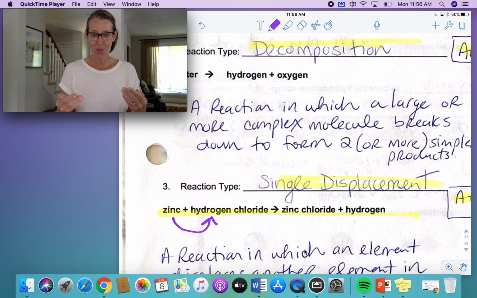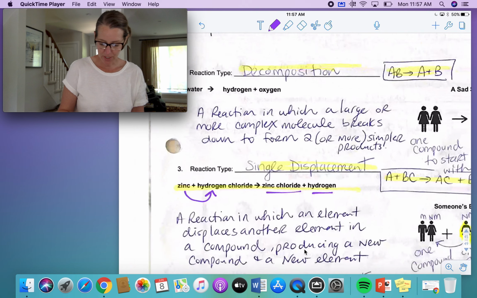So I know that it's going to be zinc chloride and hydrogen gas and not zinc hydrogenide. It's not going to be that one because the zinc is going to kick out the one that's like it in a chemical equation.